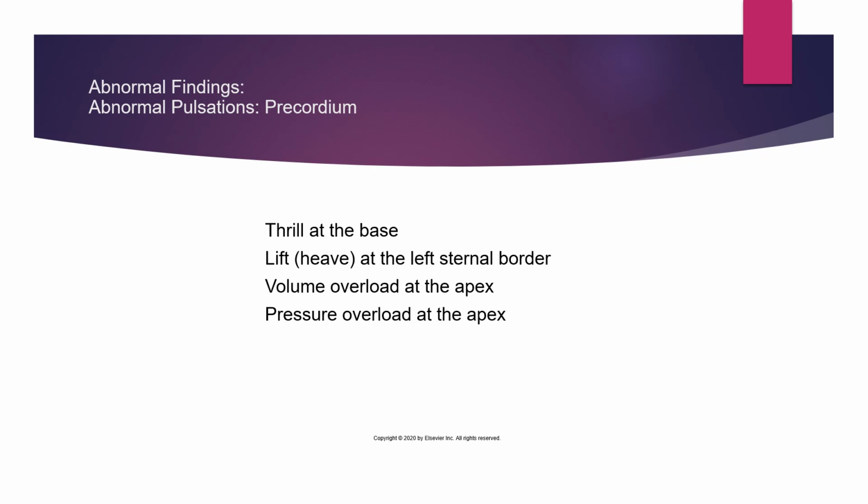Heaves are sustained lifts of the chest wall in the precordial area that you can see or palpate. You may be able to just lay your hand flat on the chest and physically feel that hand go up. This could be because of a left ventricular hypertrophy, which is basically enlargement of the left ventricle of the heart.